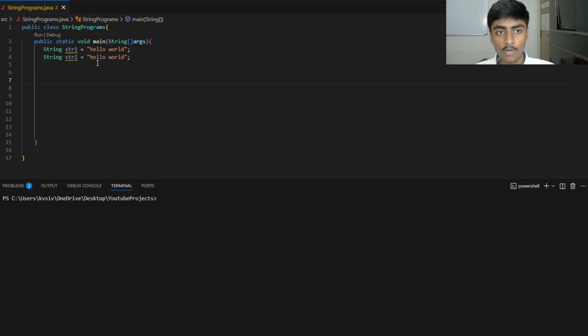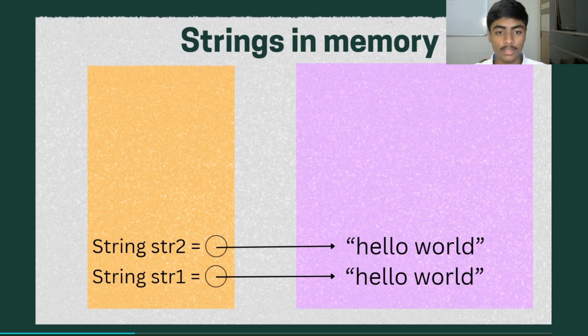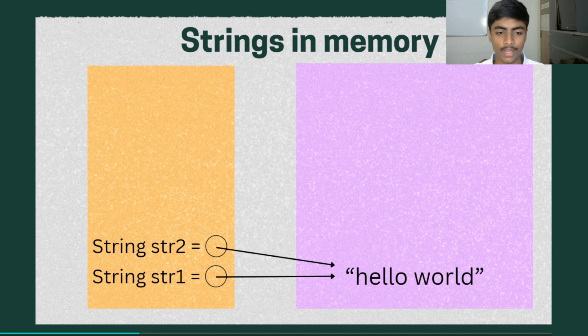Both strings are equal to hello world, but they're initialized separately. In your memory, that would look like this, where str2 and str1 point towards two different strings. Now let's take our original case again, where str2 is set to str1. In other words, both the strings point towards the same word or same sentence, hello world.